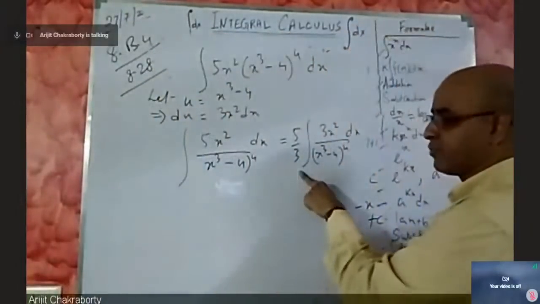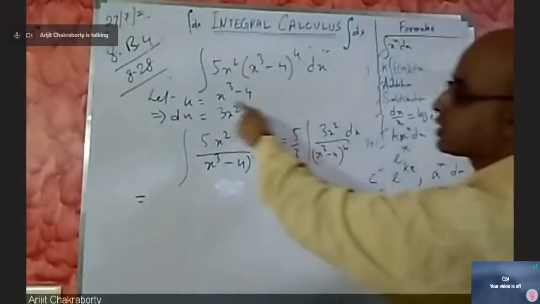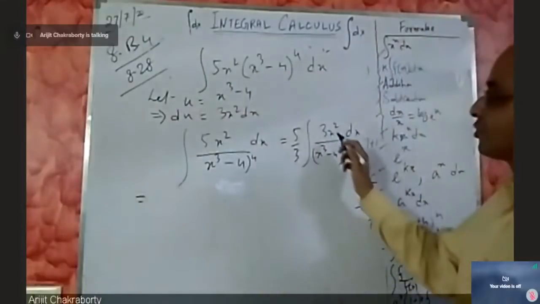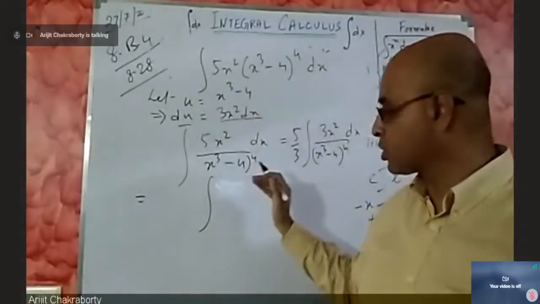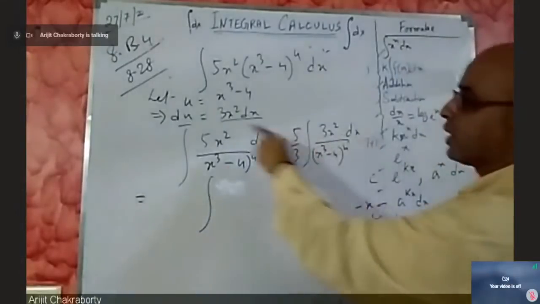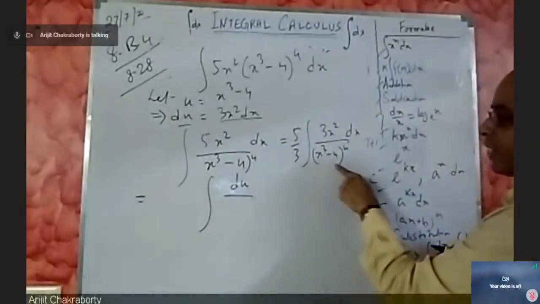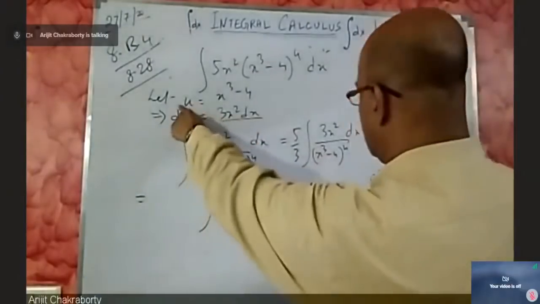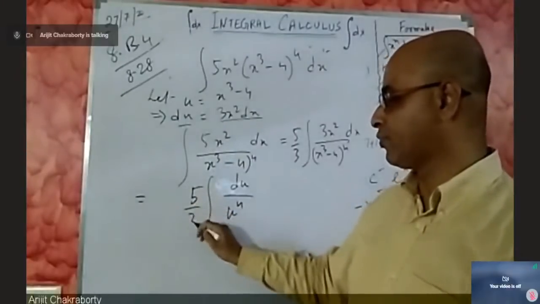Once I achieve this, it becomes easy, because now x cube minus 4 is u, so 3x square dx is du. The entire expression becomes 3x square dx is du, and in the denominator we have x cube minus 4, which is u to the power 4, and outside we have 5 by 3.